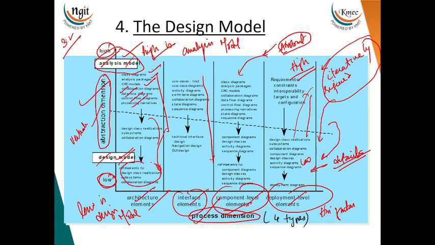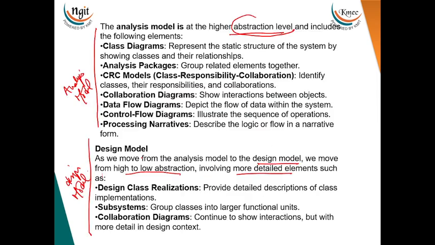Detailed observation will be given here. The class diagram represents the static structure, whatever is available. The analysis package groups related elements. The Class Responsibility Collaboration (CRC) model is available in the analyze model, where abstraction is very high. Then collaboration diagram, data flow diagram, all this.